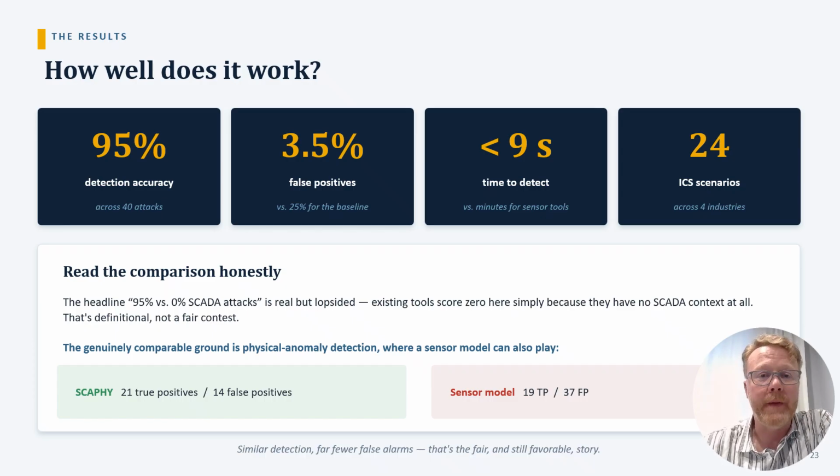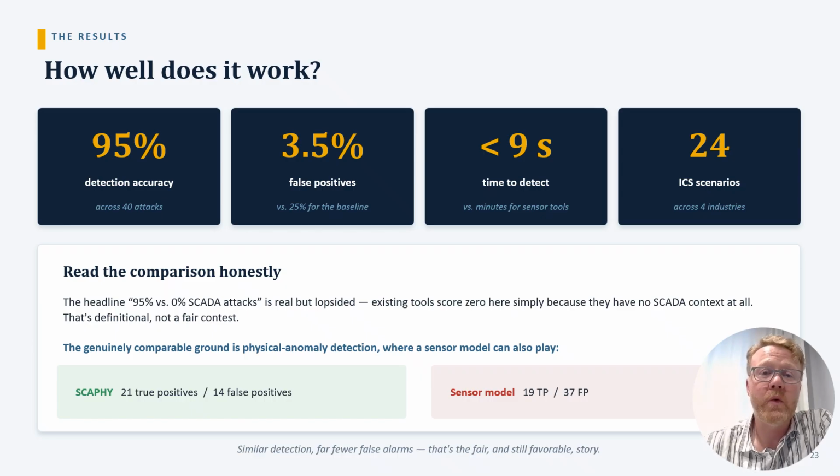Cool. All right, but I want to be honest about the comparison. So the paper states a 95% detection rate versus 0% detection rate for existing tools. This framing is technically true, but pretty much unfair. The other tools get 0 on the SCADA attacks by definition because they don't look at SCADA at all. The strongest comparison is physical anomaly detection.